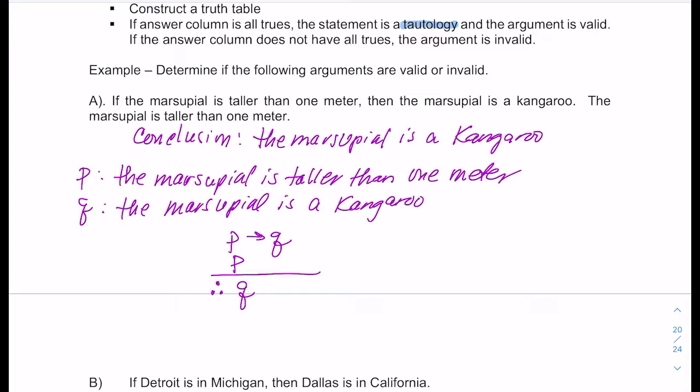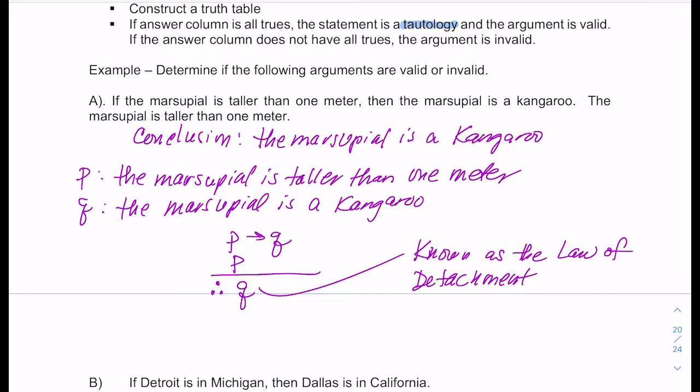This is known as the law of detachment, and it is a valid argument. We would expect that if the marsupial is taller than 1 meter, then it's a kangaroo. The marsupial is taller than 1 meter, so therefore we would conclude that it is a kangaroo. That is a valid argument.